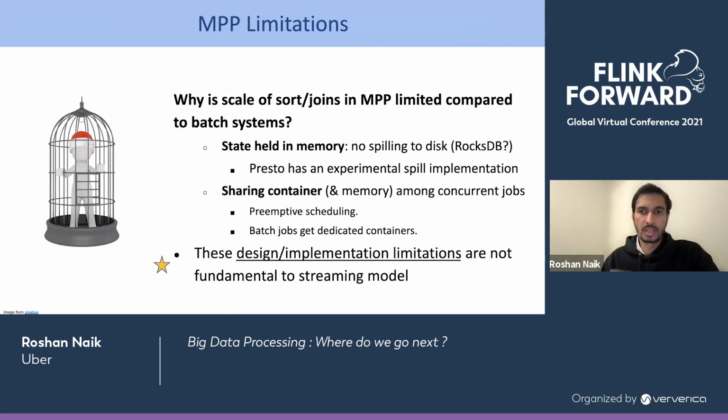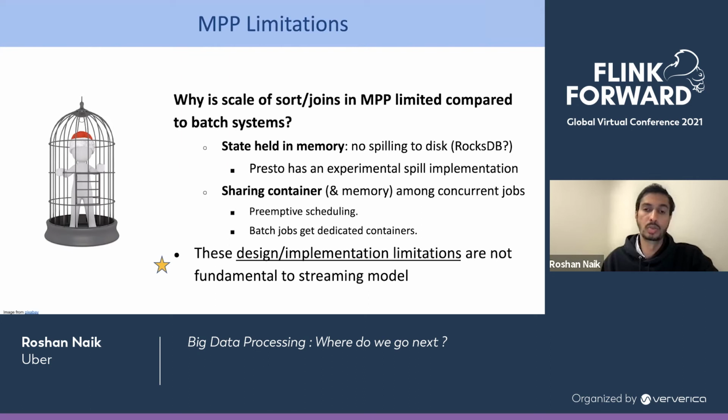If offline streaming is more scalable than batch, then why are MPP databases not considered to be as scalable as batch systems? That is a question that's worth answering. In my view, there are 2 issues which limit the scalability of MPP databases.